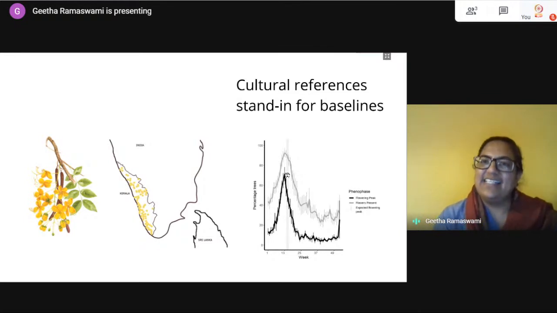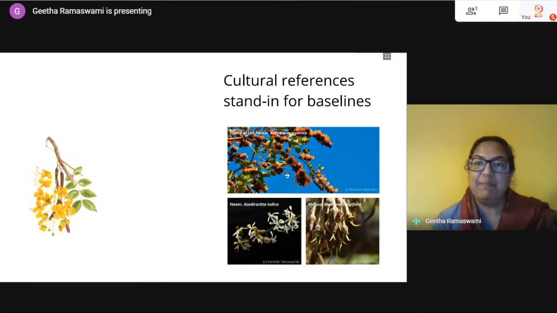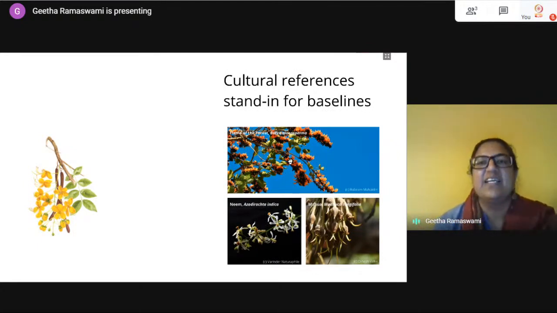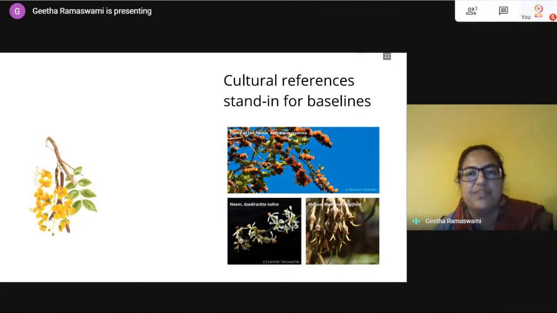So we thought that this is a great stand-in for other species as well. There is a species like the flame of the forest, which is associated with festivals in North India, the neem tree, the flowers of which are associated with festivals in South India, and mahua, which is a very important non-timber forest product and of great cultural importance to people in central India.